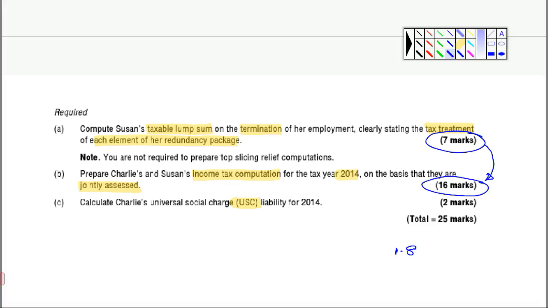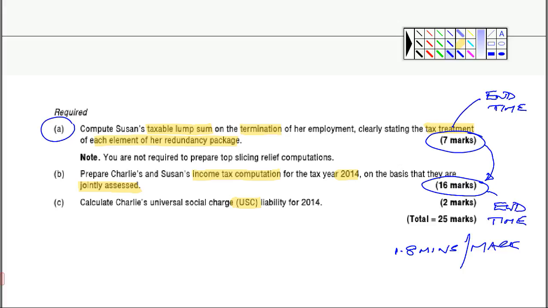So basically 1.8 minutes per mark. Within the exam you should detail what your end time is on this one, and also your end time on this one. The worst thing that you could do is run over on this area and not get to here.